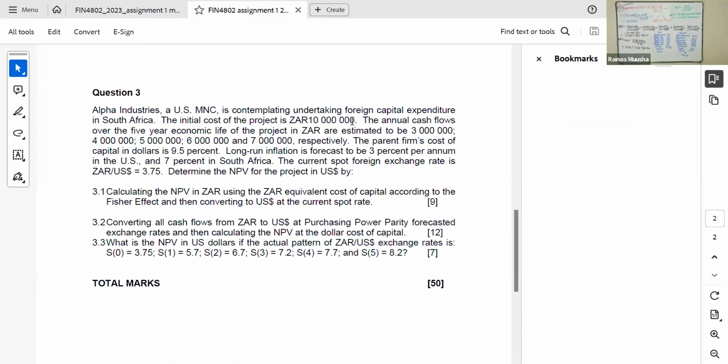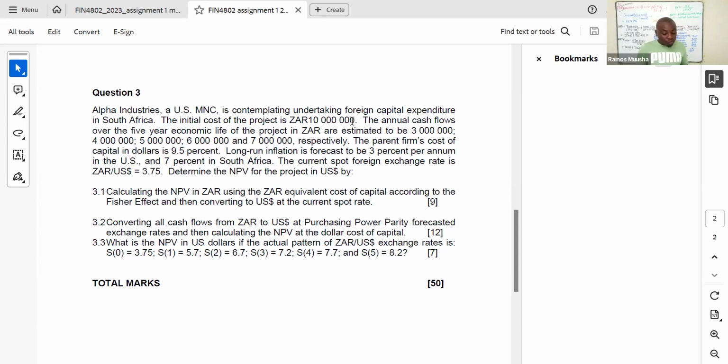For question 3.2, they give us that information and then they say, calculate the net present value, converting all cash flow from ZAR to US dollar at purchasing power parity forecasted exchange rates, then calculating the net present value at the dollar cost of capital. Remember, if they're asking us to find the net present value in dollars, it means our cost of capital has to be in dollars and our cash flows have to be in dollars.